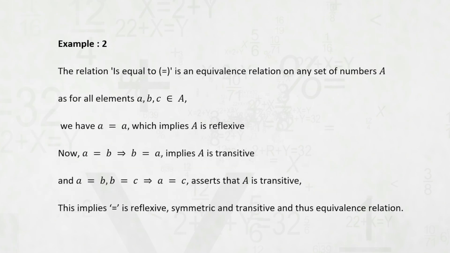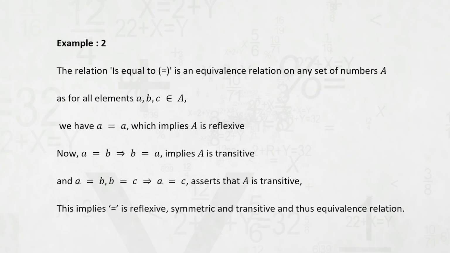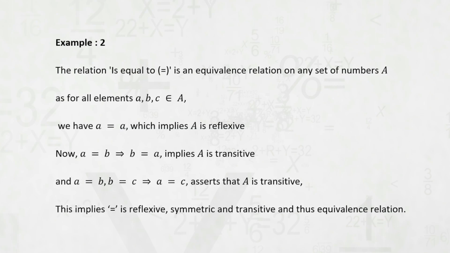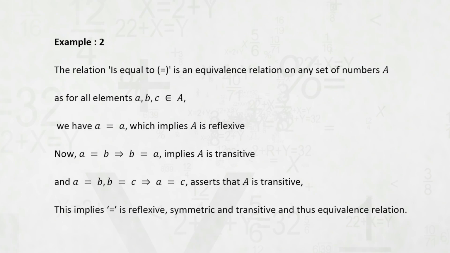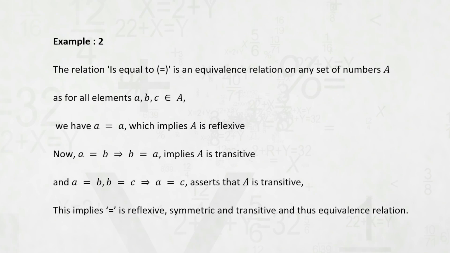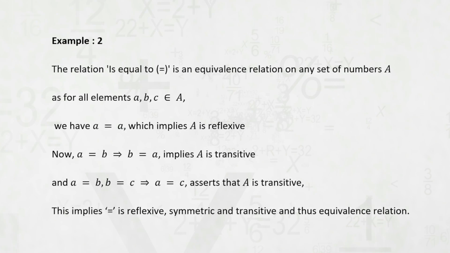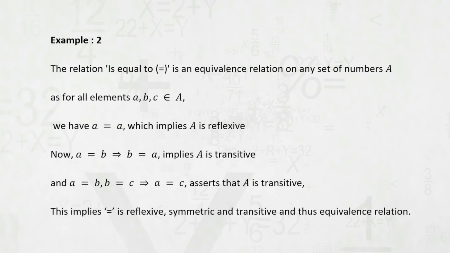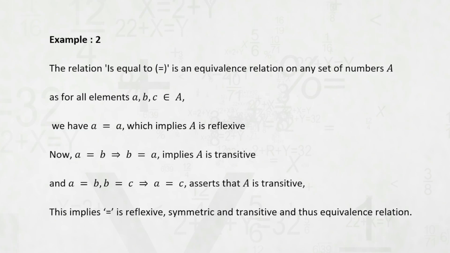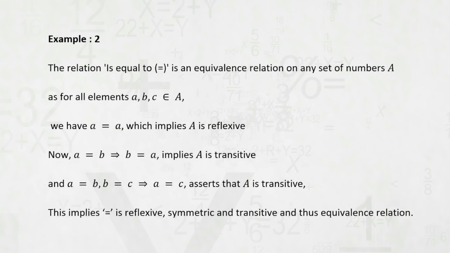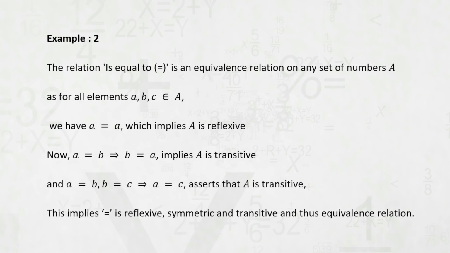Another example, the relation "is equal to" is an equivalence relation on any set of numbers A, as for all elements a, b, c belonging to A, we have a is equal to a, which implies the relation is reflexive.